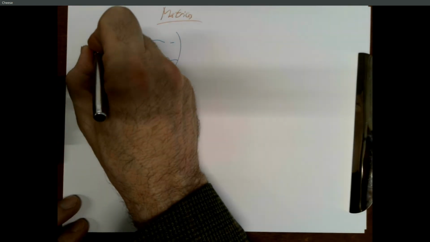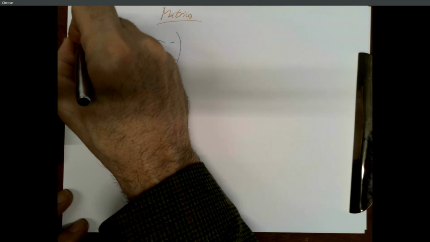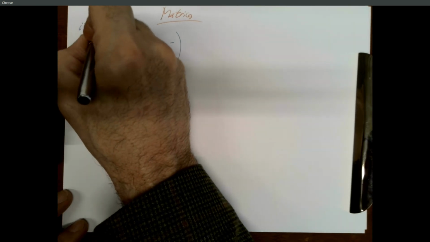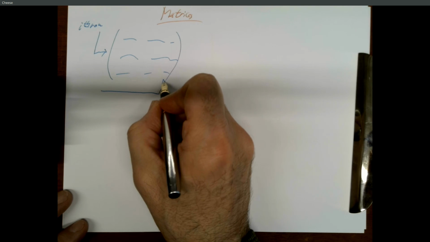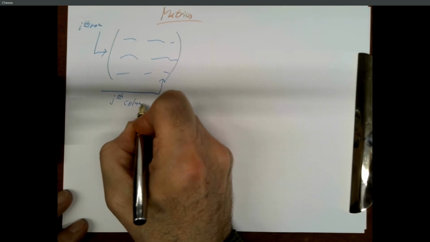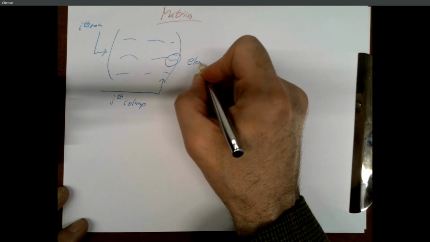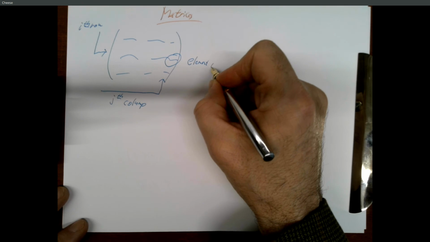And if we move down i spots, we get to the ith row. And if we move across a certain number of spaces, we get to the jth column. And so this element here might be element i comma j.